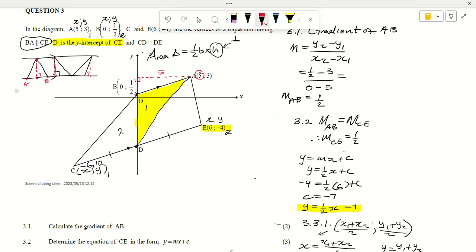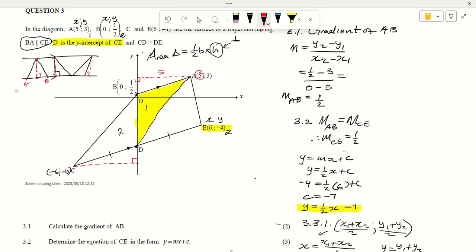Similarly, let me just erase this point here, and I'll write it somewhere else, just for us to remember that the coordinates of C are -6 and -10. Fine. So similarly here we have our height outside the triangle and perpendicular to the base.